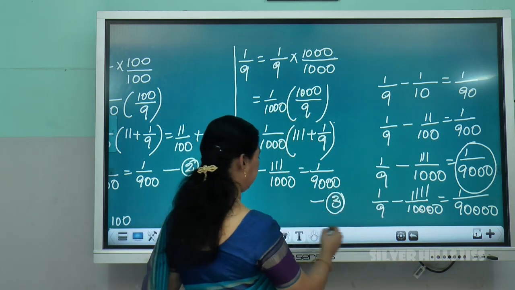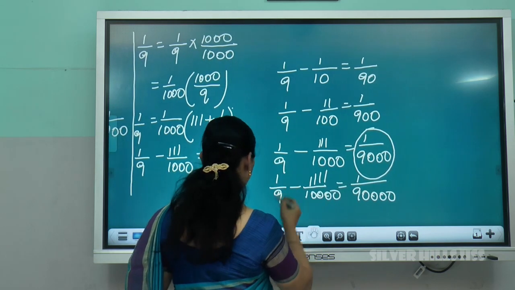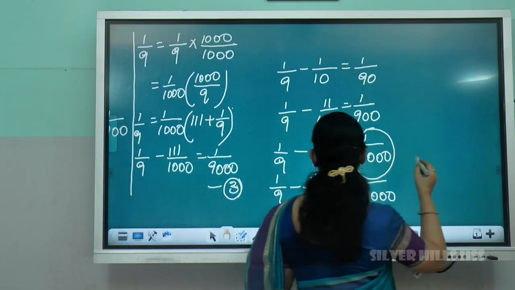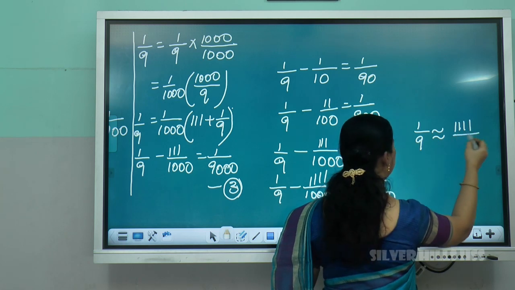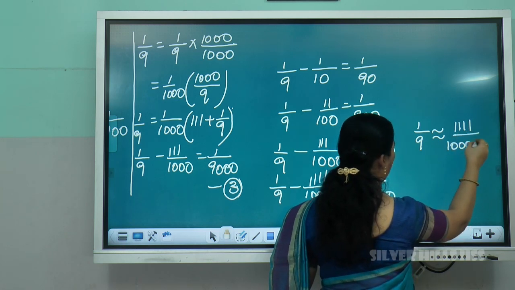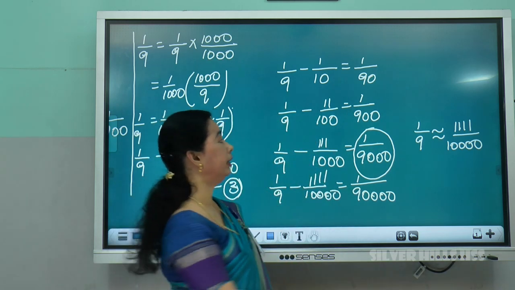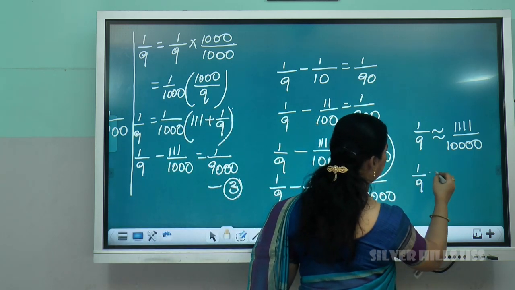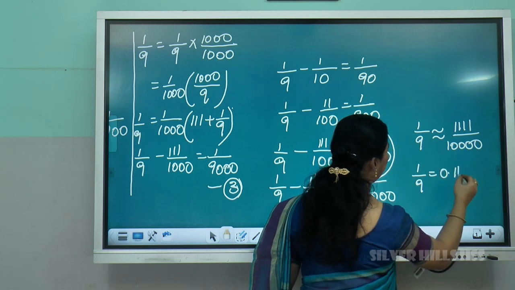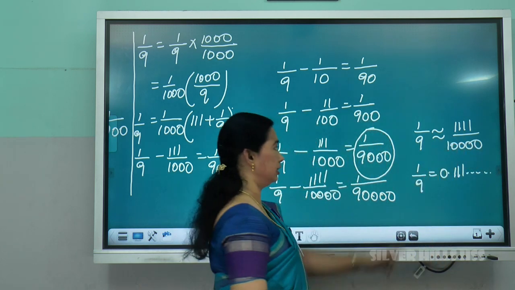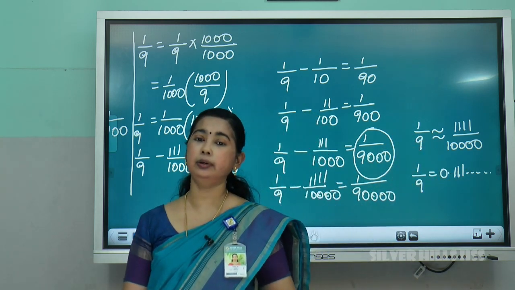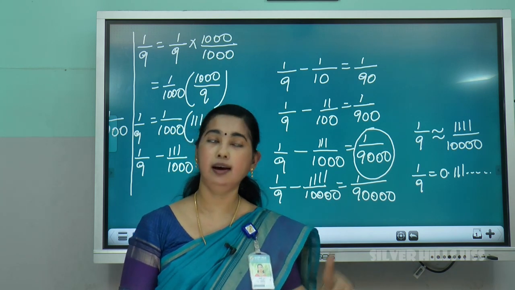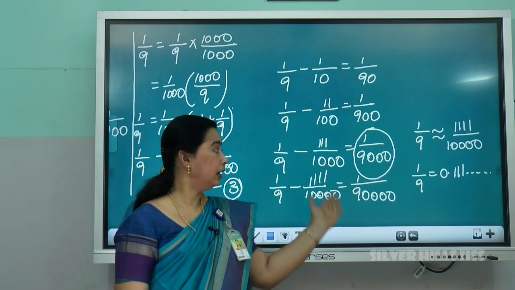So, since these fractions are coming closer and closer, I can write 1 by 9 is approximately equal to 1111 by 10,000, or 1 by 9 is equal to 0.111 etc. because it is approximately.